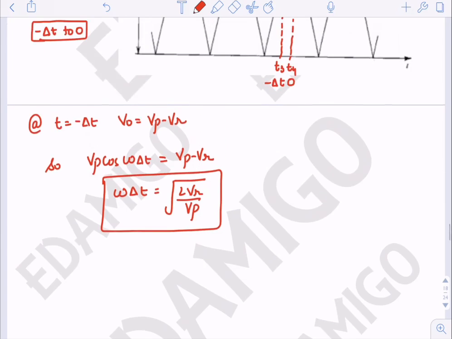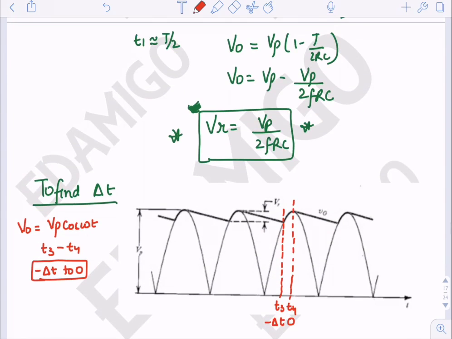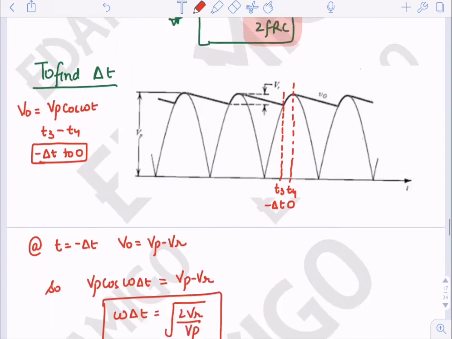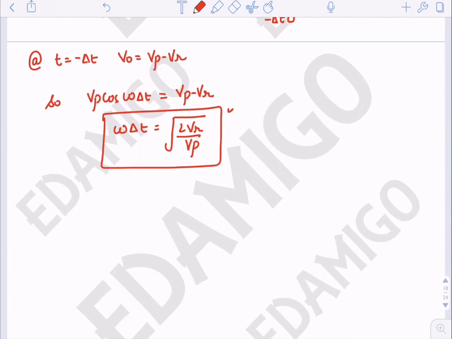Okay, the only change is that here Vr is this. And we can say that in case of the full wave rectifier, Vr is less than the Vr of the half wave rectifier. Okay, so this is the omega delta t, that is the same as that of the previous case.